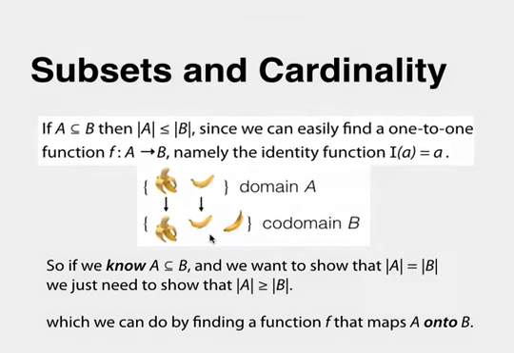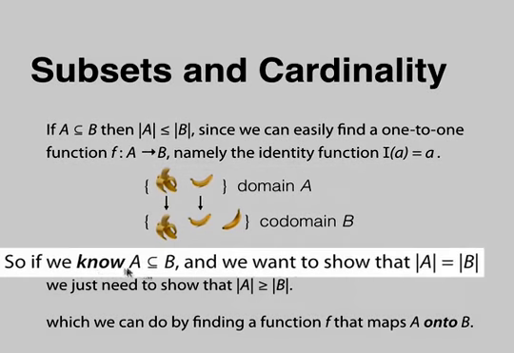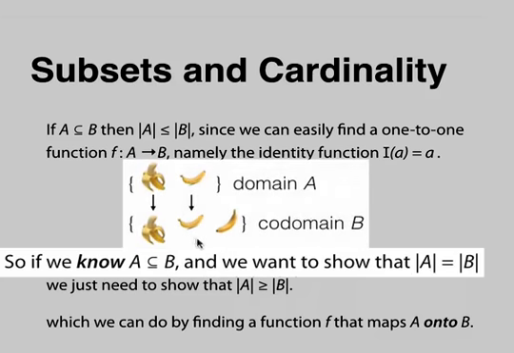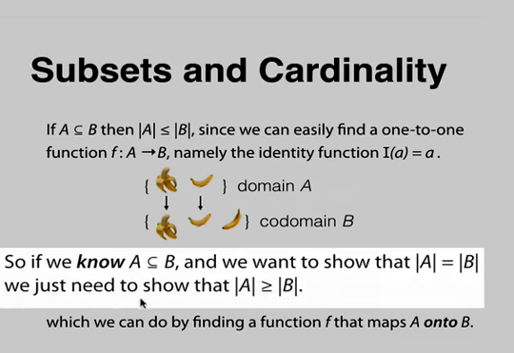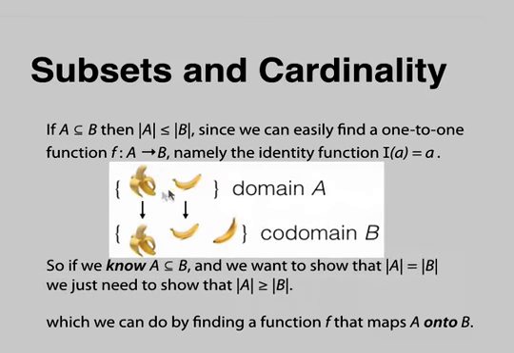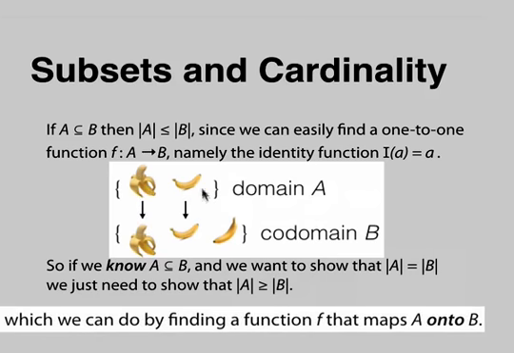Because it's a subset, if we know that A is a subset of B, and we want to show that A and B are the same size, we don't need to find a one-to-one function, because that's just the identity. We just need to find an onto function. We need to show that A is at least as big as B, by finding a way to map this subset onto the larger original set.